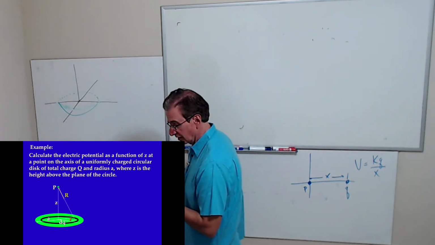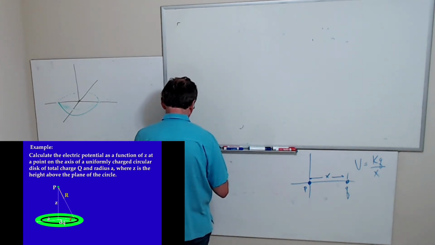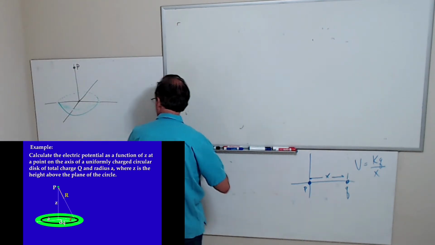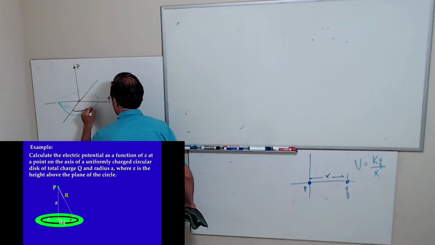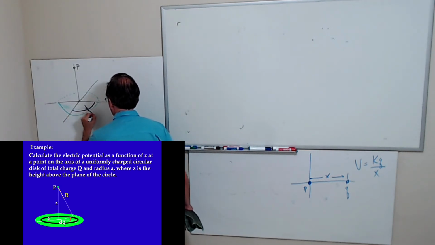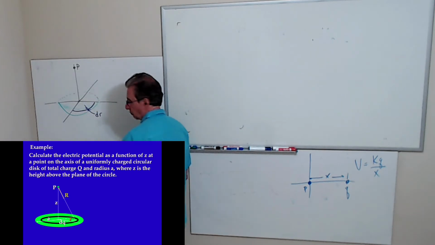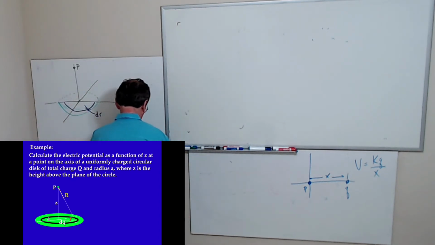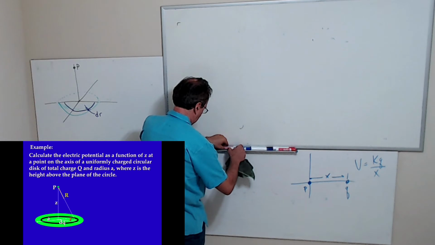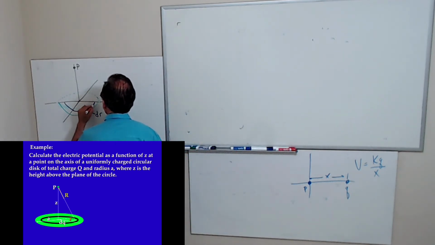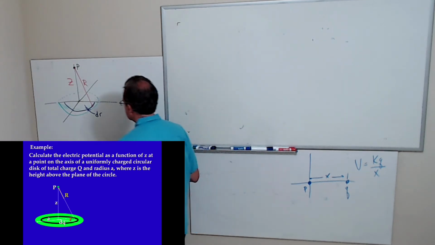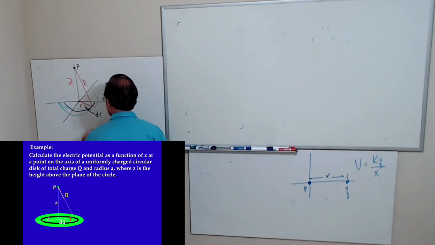It's close, but that's our disc. This is point P. It's part of the ring. So the distance here is c, and then this is the radius of my little ring.